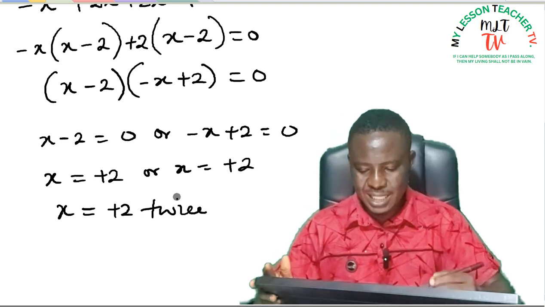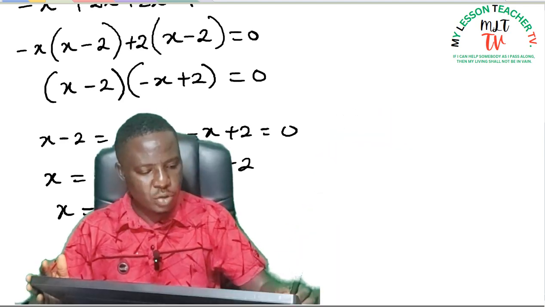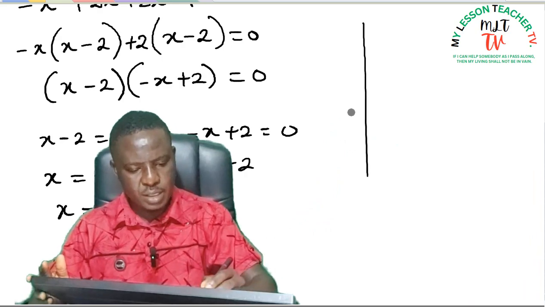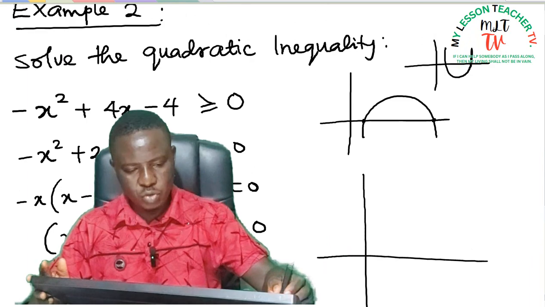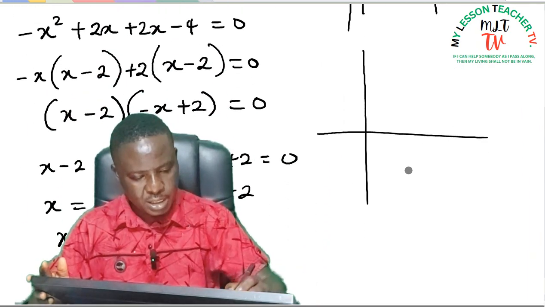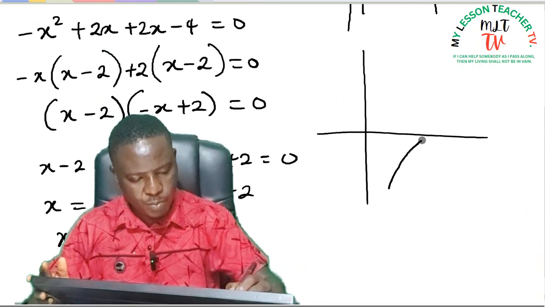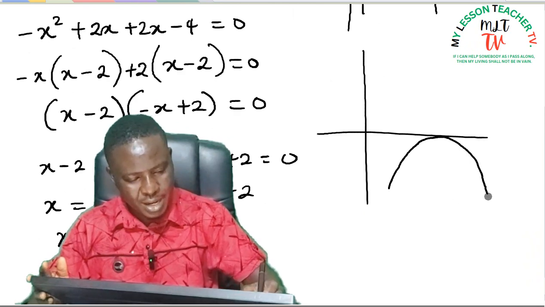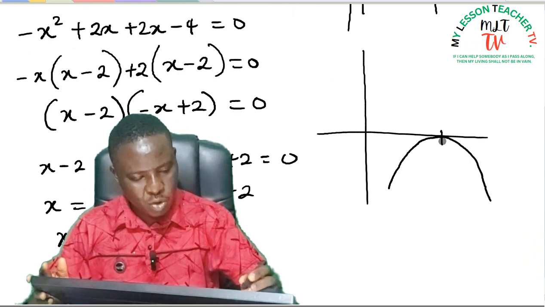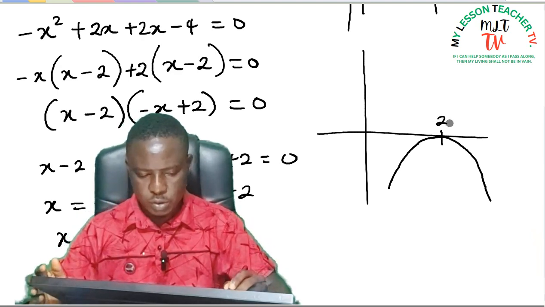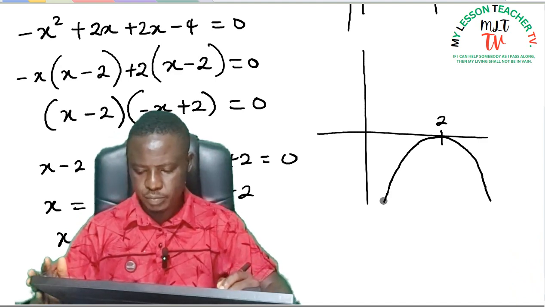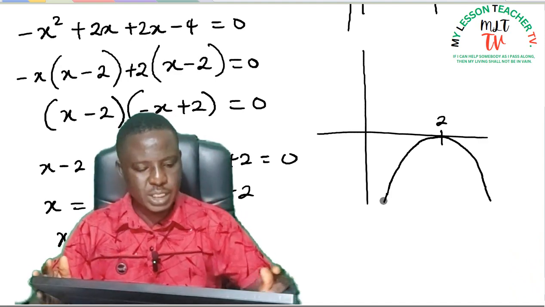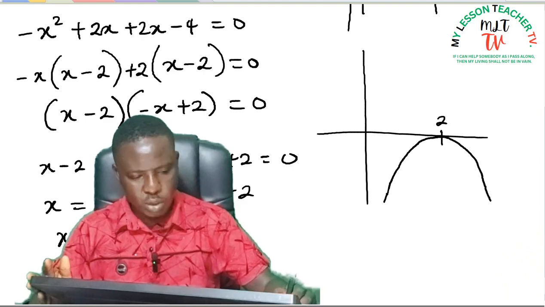Okay, so representing this on your graph, this gives you this. We have already concluded that it's going to be an N-shaped graph, and this is how your parabola is going to look like, where the point that it cuts across the x-axis is 2. So this is what you will get, and this is the solution of the inequality.